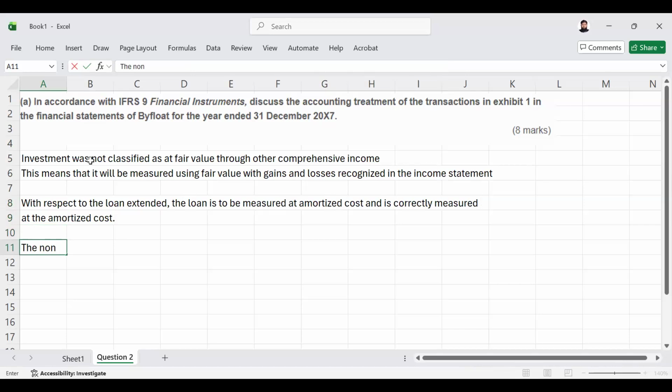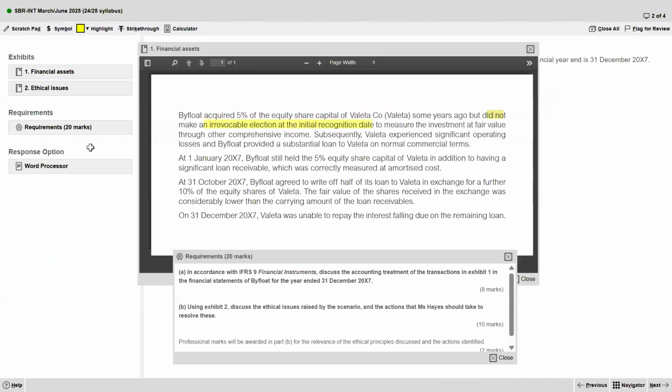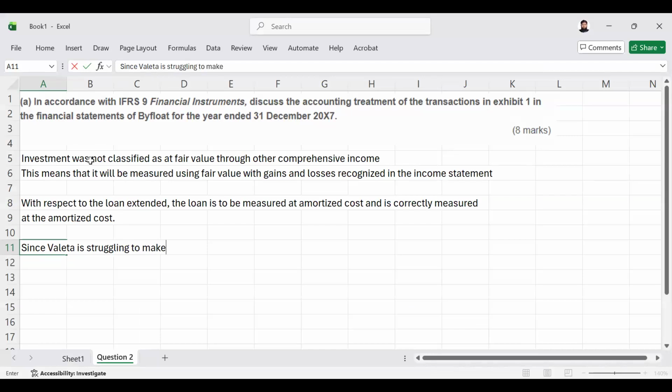The non-payment of the loan and the offer to convert, since Valletta is struggling to make payment, is an indicator of impairment.